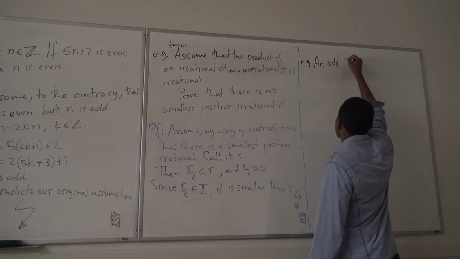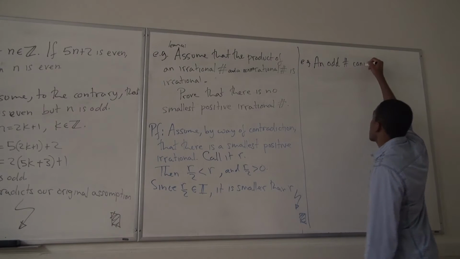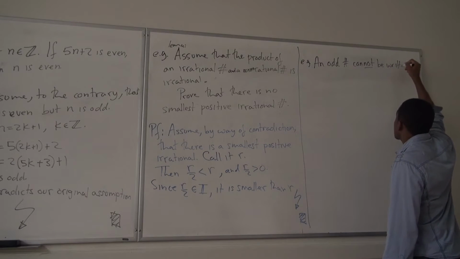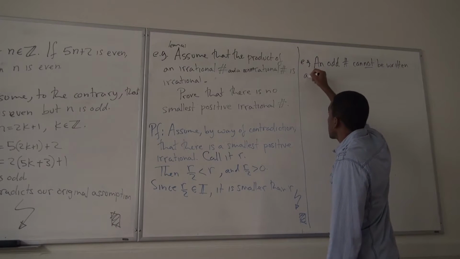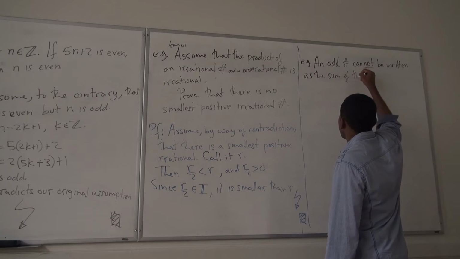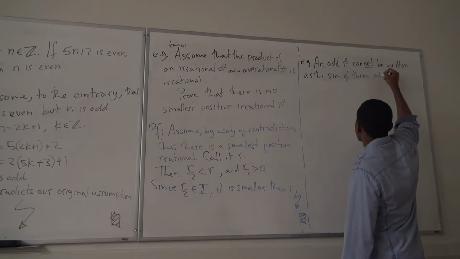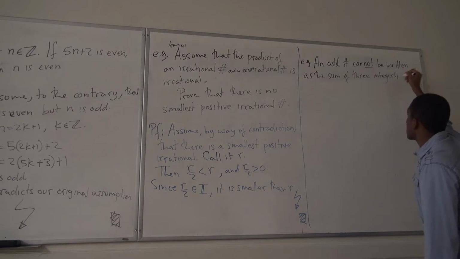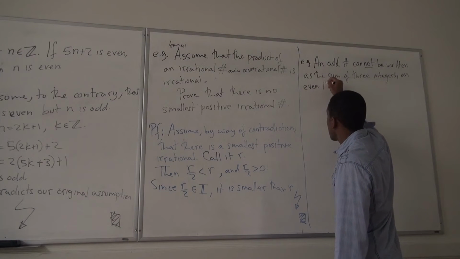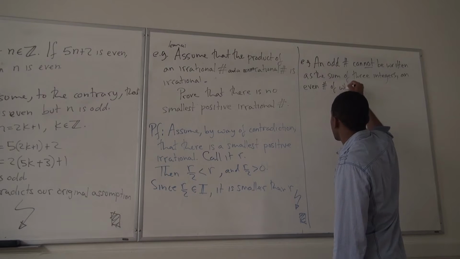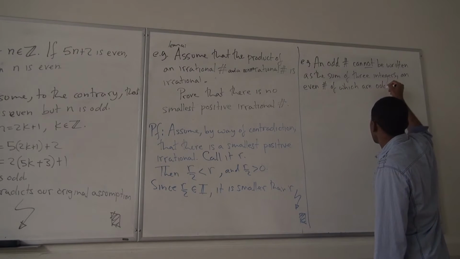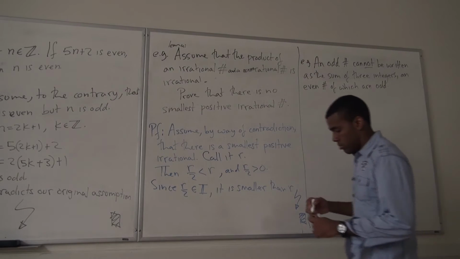An odd number cannot be written as the sum of 3 integers an even number of which are odd.